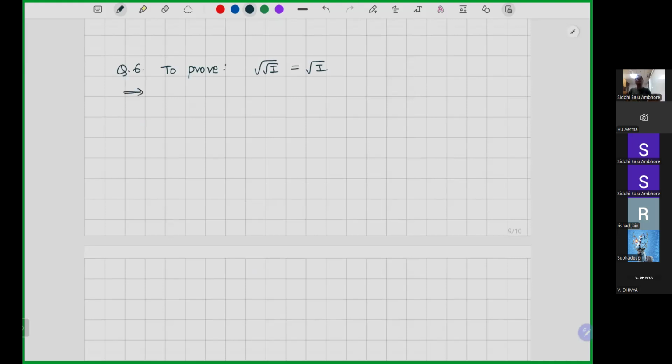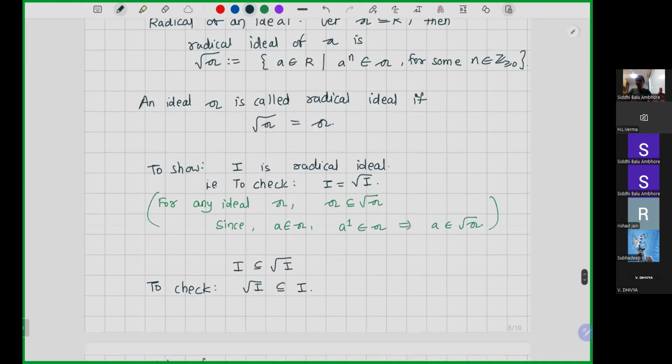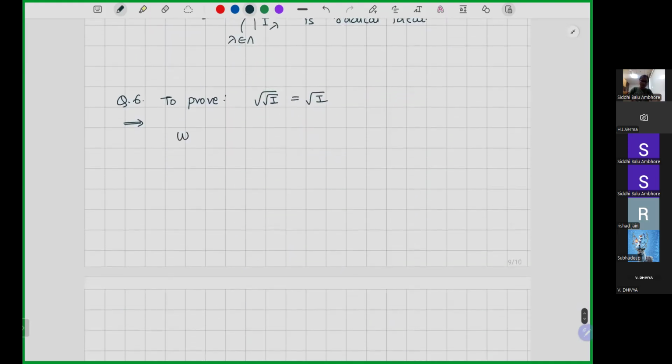So in any case, we have this thing which is true for any ideal. Which one is contained in which one? That A is contained in its radical. So we already have that I is contained in the radical of I, which is contained in its radical.